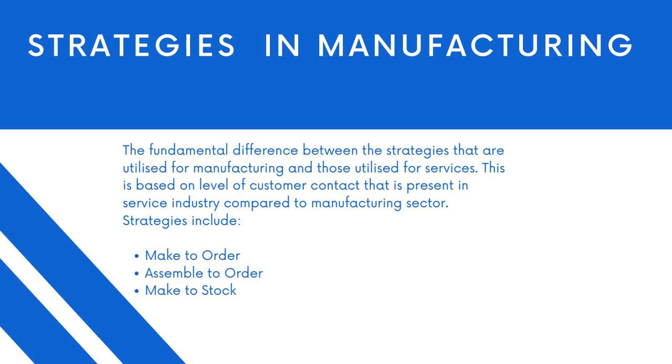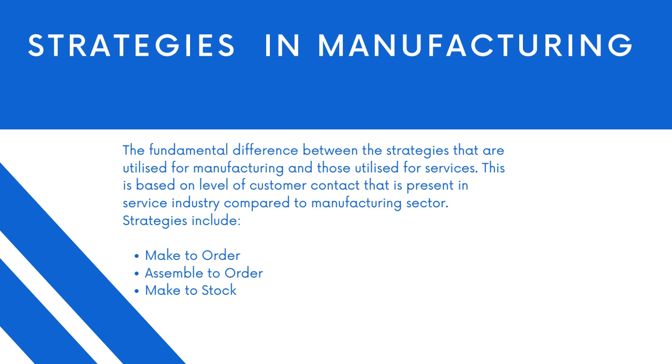For instance, the building of a made to order building: if you purchase land and you now need to structure the land, you sit with an architect and plan what your build is going to be. That would be a make to order example.